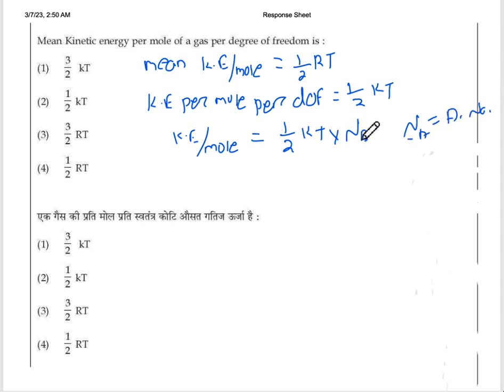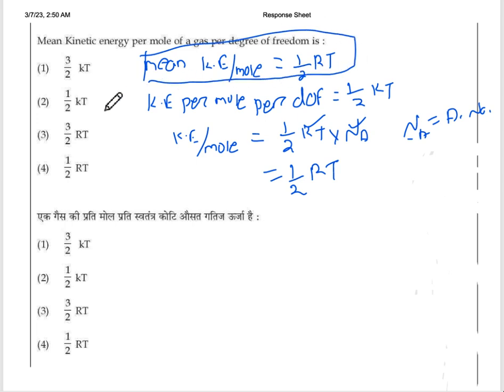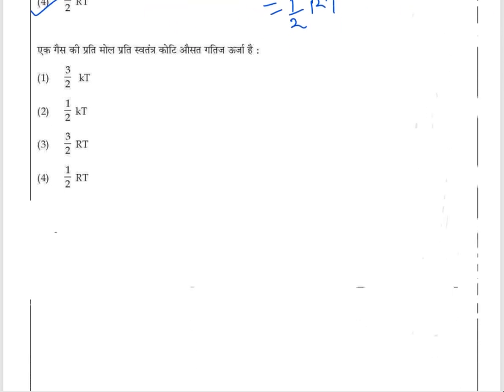If I multiply this, k into Na will become R, so it is half RT. I have written here the first one, which is half RT. Clear? So this is the fourth one, option number 4. We'll move to the next question.